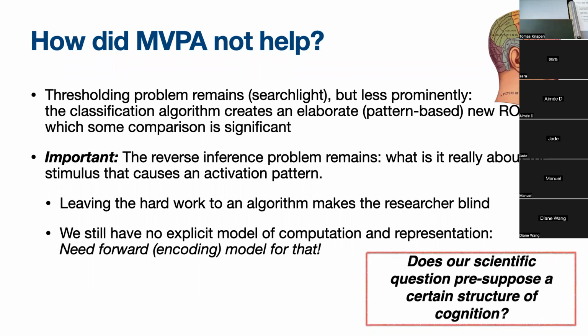And one thing that I think we also want to think deeply about is this: if we ask a specific question like, is fear here, or where is fear? It presupposes that the brain uses fear as a coherent concept to structure itself, right? And is that the case?